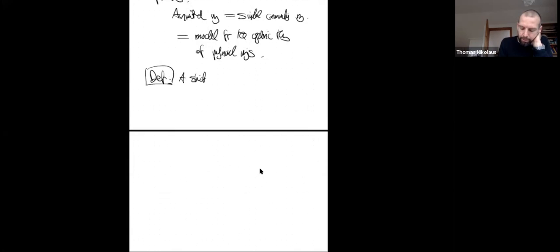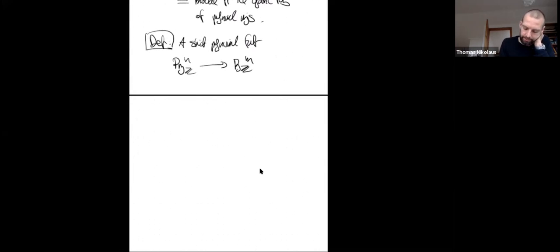A strict polynomial functor from Proj n, Cartesian products of Proj C, to Proj C m is a scheme-enriched polynomial functor.